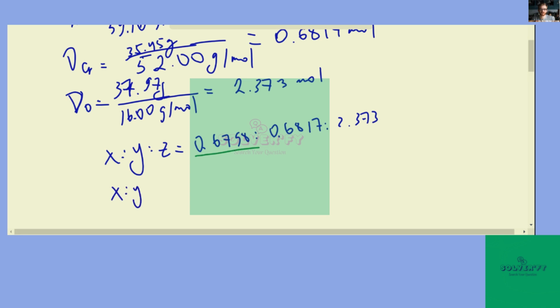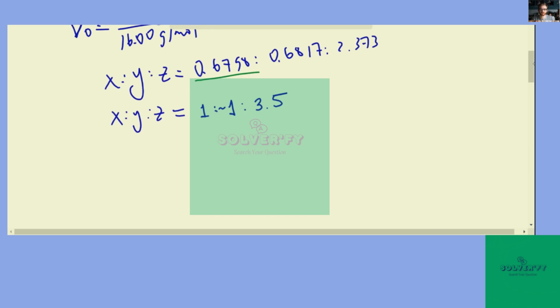Then x to y to z equals 1 to, this ratio of 0.6817 over 0.6798 is also roughly 1. And the last one, which is oxygen, is 3.5.